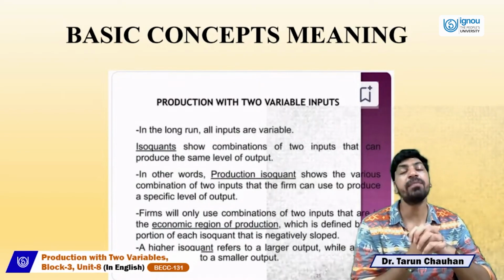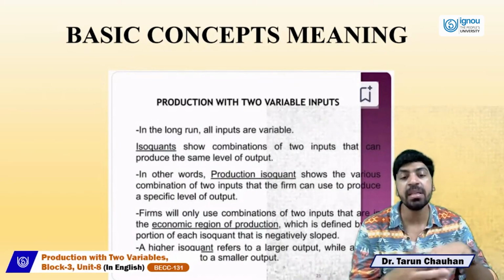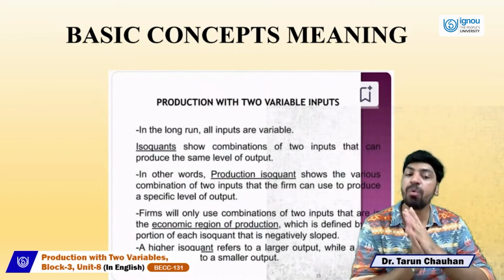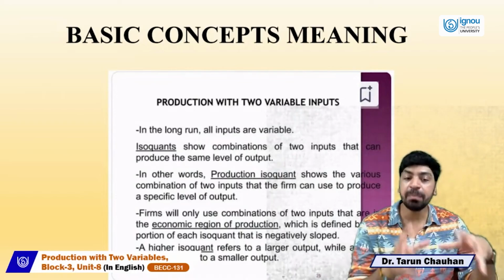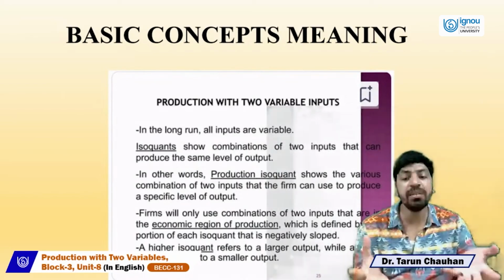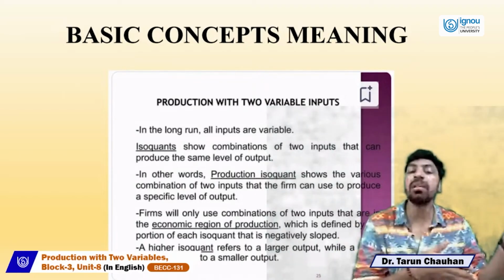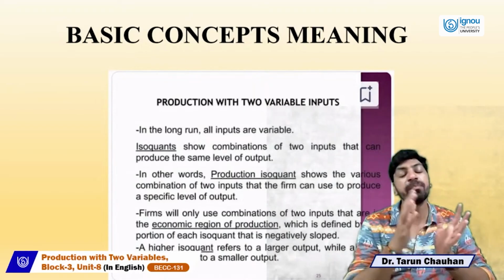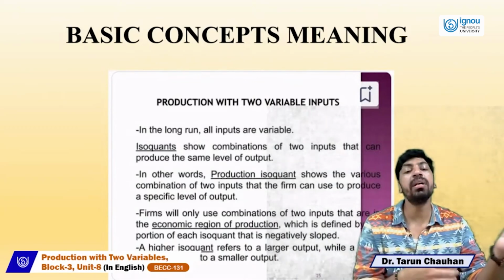The next concept is what the higher isoquants imply. A higher isoquant refers to a larger output, while a lower isoquant refers to a smaller output. It means the higher combination of inputs provides a larger output, which is called the higher isoquant, and the combination of inputs that produces the smaller output is called the lower isoquant.